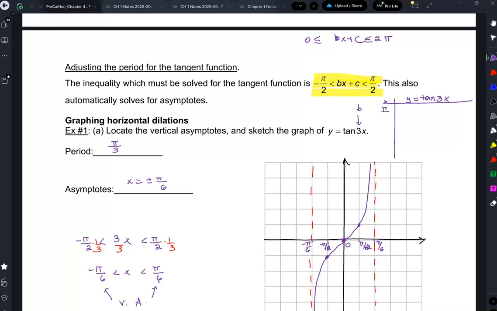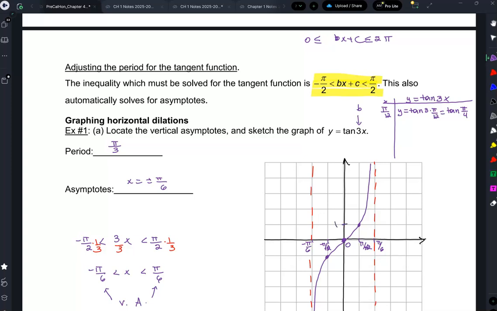So let's put pi over 12 here. Y equals tangent 3 times pi over 12. How much is that? Tangent of pi over 4, which is what? 1.